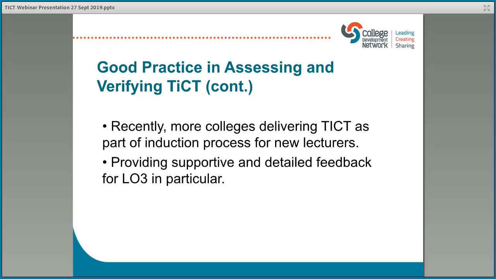It is important just to highlight, particularly for any new staff delivering Teaching Colleges for the first time, that it's not about commenting on the feedback candidates have provided to their own students. In this case, what we are looking for in Learning Outcome 3 is for candidates to provide feedback about their own teaching practice and the feedback that they have received from their assessor mentor following that teaching observation report.